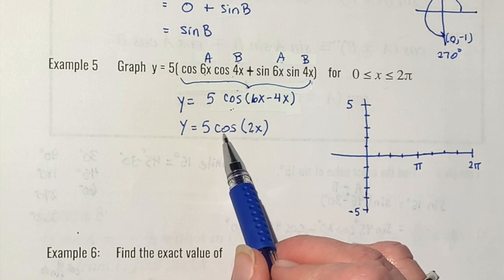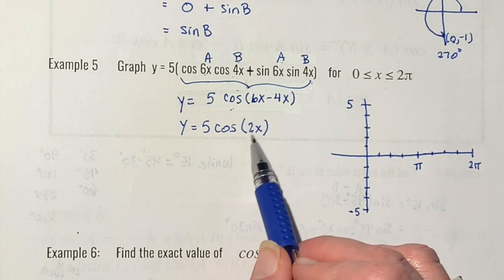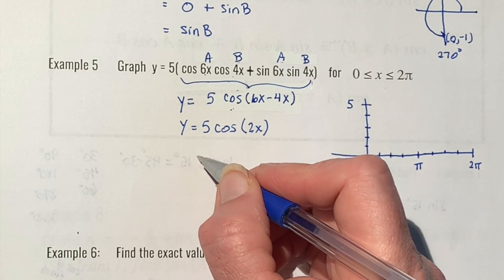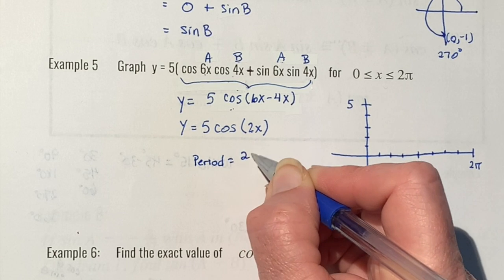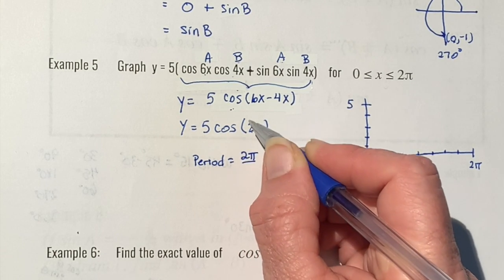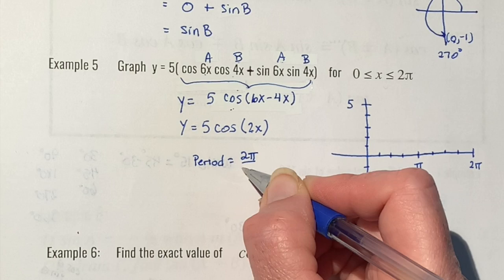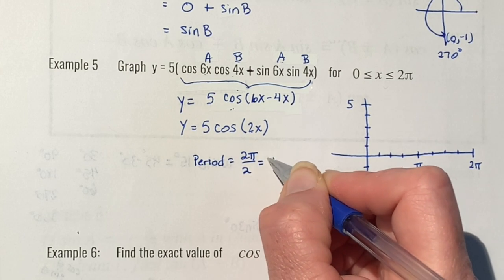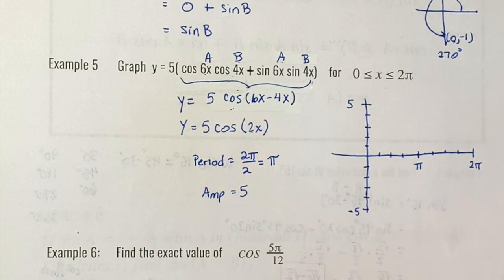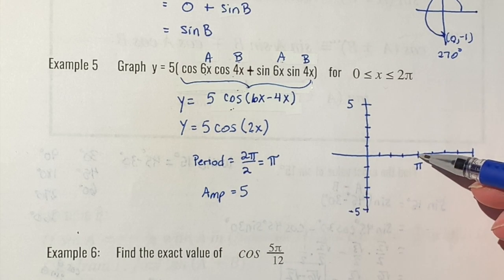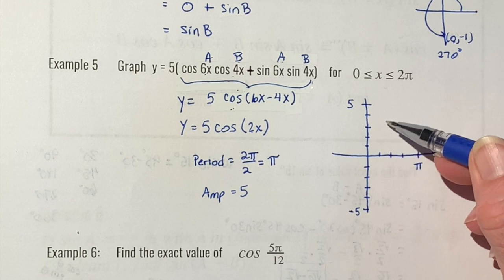It's a cosine function, and we have had a period change, so to find the new period, remember I can take 2 pi divided by b. B is the coefficient of the angle, and that gives me the new period, which is pi. Let me just make a note that the amplitude is 5. So from 0 to pi, I'm going to get one full cycle of the graph.